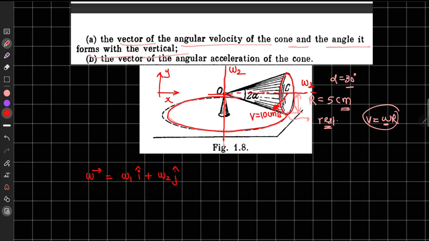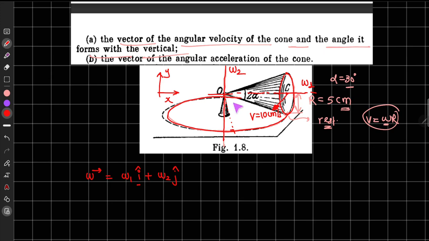Please note that this direction keeps on changing, it is not constant. Let us say the cone has moved and reached here, then in that case the direction will be here. So I have written i cap for this configuration only, but it keeps on changing.